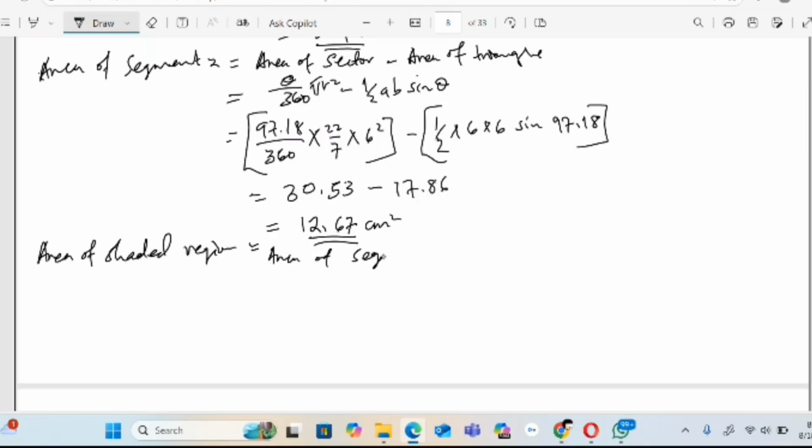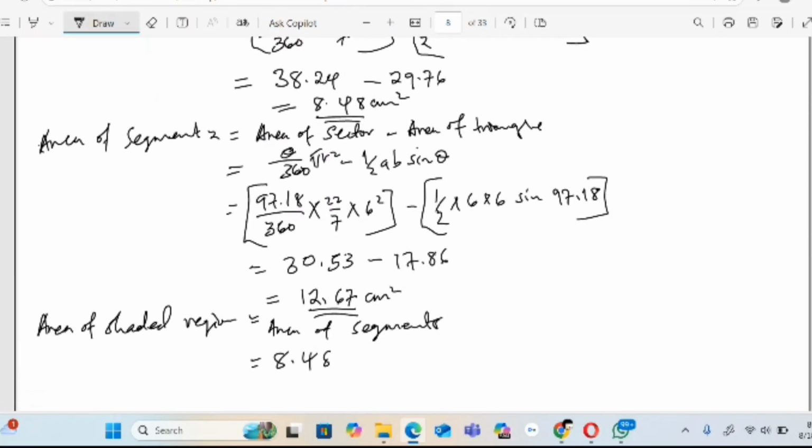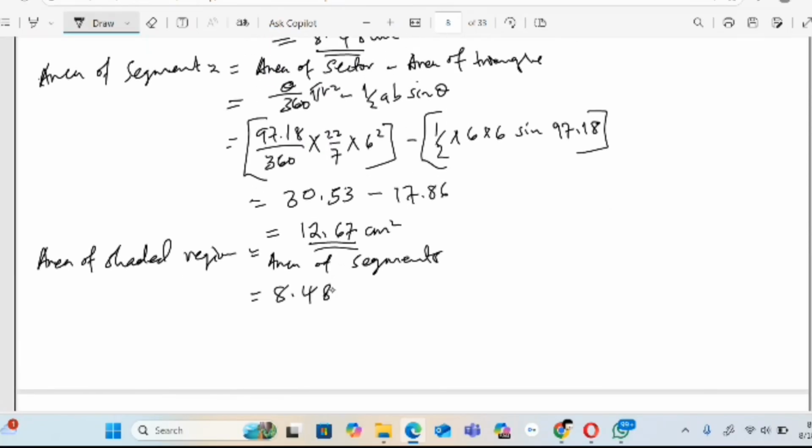So we add the 2 segments, 8.48 square centimeters plus this one, 12.67 square centimeters.